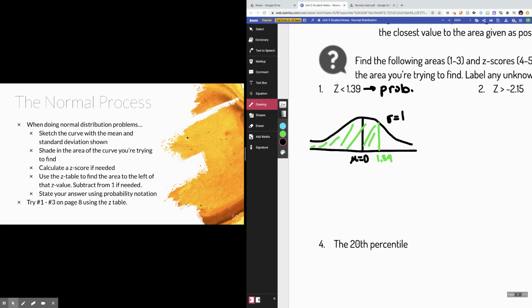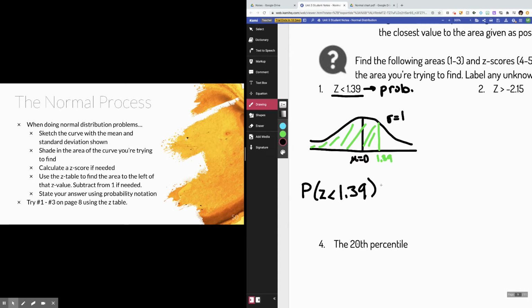We don't have to do that here, because this value is already a z-score. I'm going to do some examples in the next video where you start with an x value rather than a z value. So what we are trying to find here is the probability that z is less than 1.39.